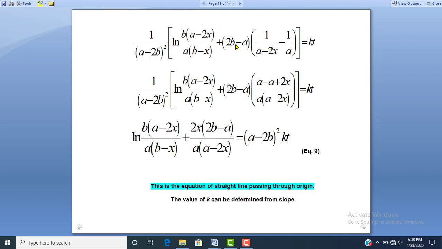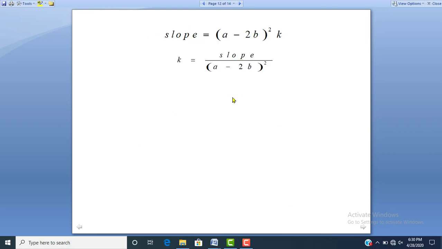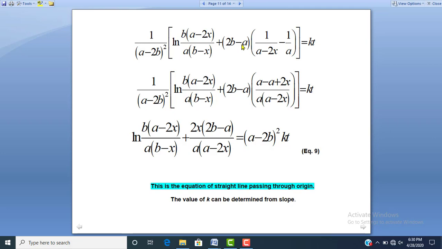So here 2b minus a was taken common. The remaining amount here will be 2b minus a, that is the common term, into 1 over a minus 2x minus 1 over a. And if we open the terms inside the bracket, then we will get the result 1 over a minus 2b square into log natural b into a minus 2x divided by a into b minus x plus 2b minus a.